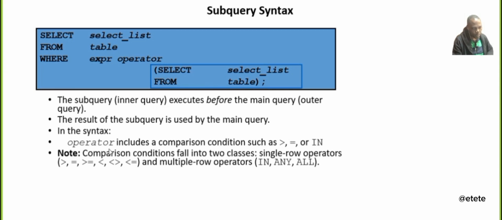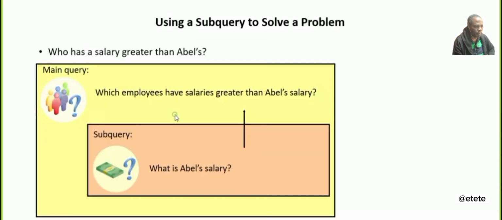In the syntax, operator includes a comparison condition such as greater than, equals to, or in. Note, comparison conditions fall into two classes: single row operators, which are greater than, equals to, greater than or equals to, less than, not equals to, less than or equals to, and multiple row operators, which are in, any, all. We are going to see them demonstrated practically.